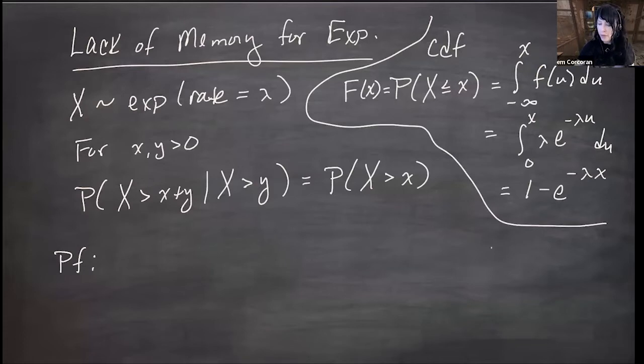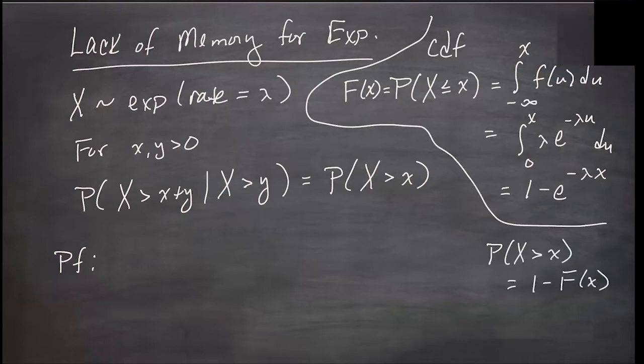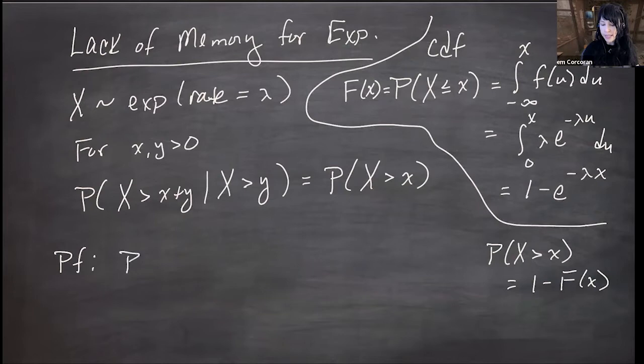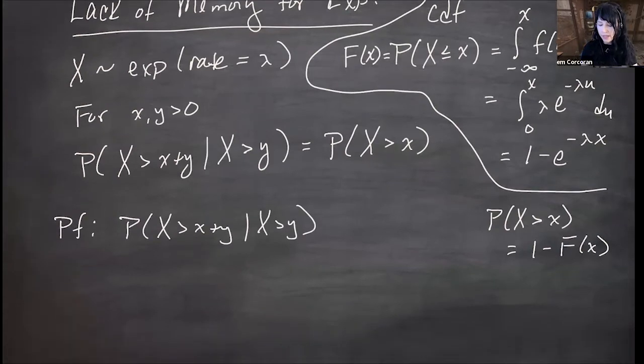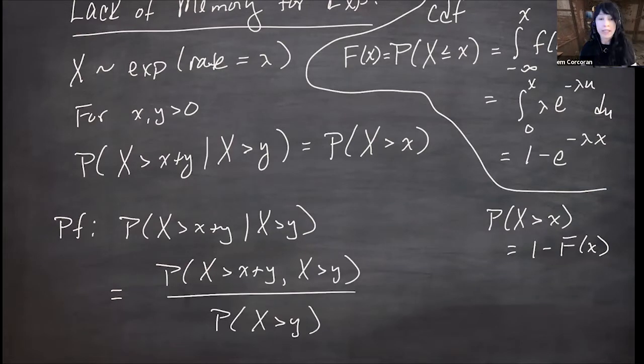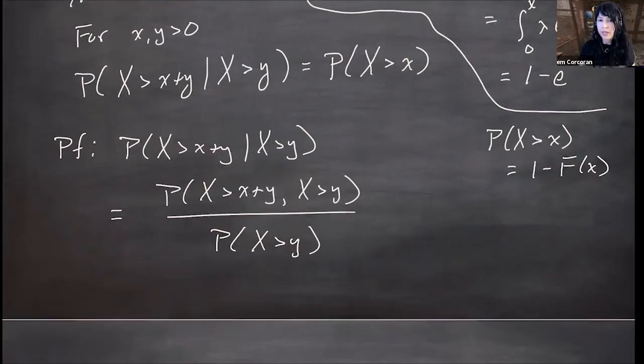And the probability that X is greater than x is 1 minus the CDF. So back to the proof, the left-hand side, I'm going to write that down: the probability of X greater than y, and then X greater than x plus y. This is the intersection event over the probability of the second event on top, because little x and little y are positive, then we've got redundant information.